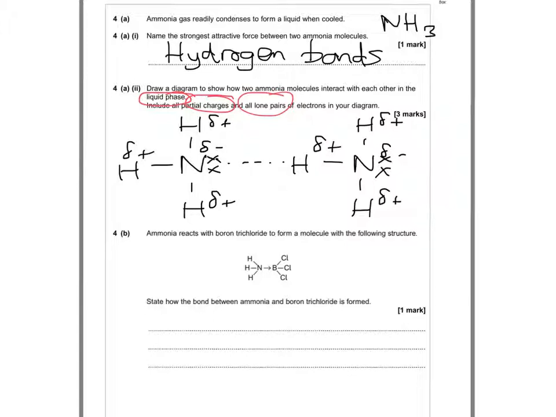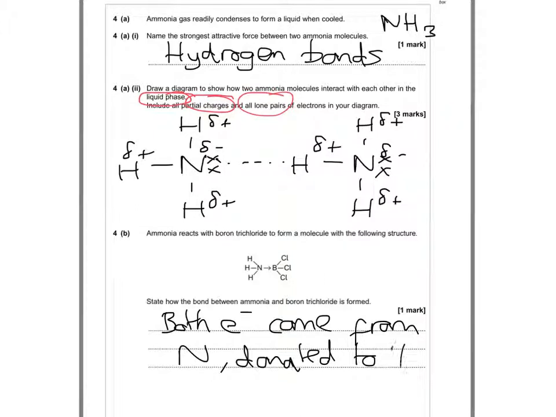Okay, part B. State how the bond between ammonia and boron trichloride is formed. A lot of people correctly identified that it was a dative covalent bond, correct, but they wanted a bit more detail about how that bond is formed. The idea is that both electrons in that bond come from the nitrogen or the NH3, and they're donated to the boron.